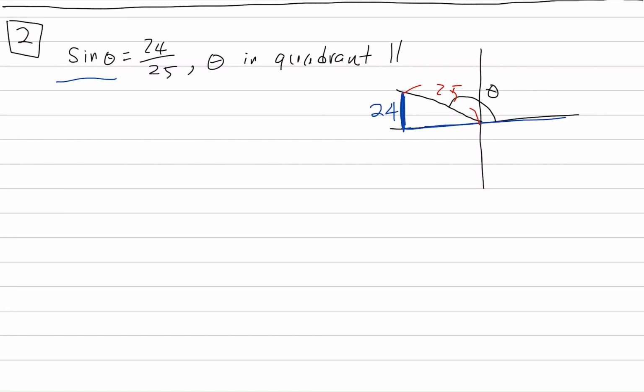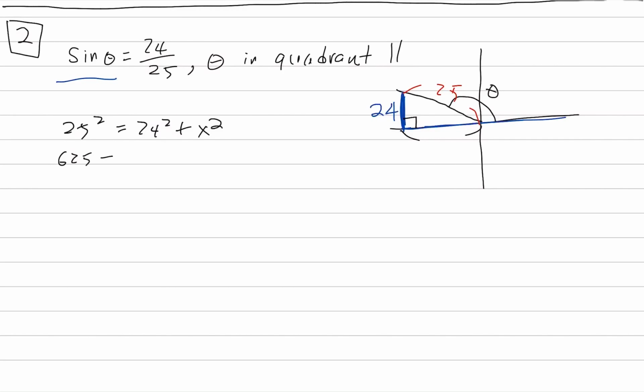Okay. And since this is a right triangle, we can find this length using the Pythagorean theorem. So 25 squared equals 24 squared plus, let's call it x squared for now. Okay. So then we can solve for this, right? This is 625.